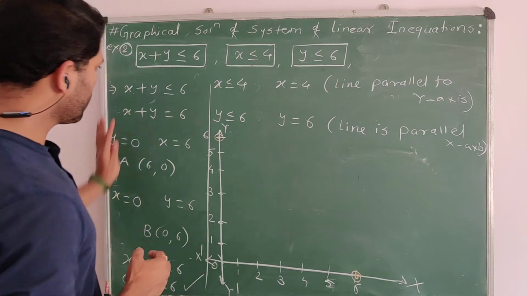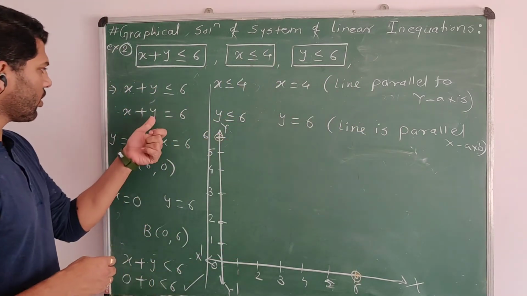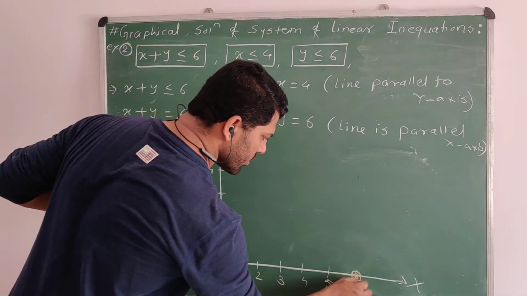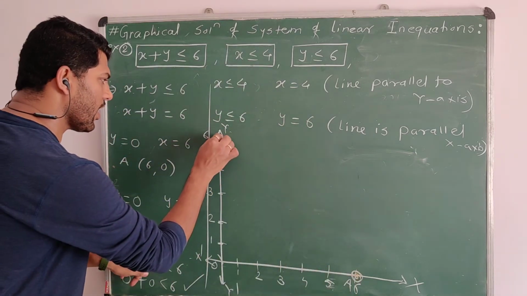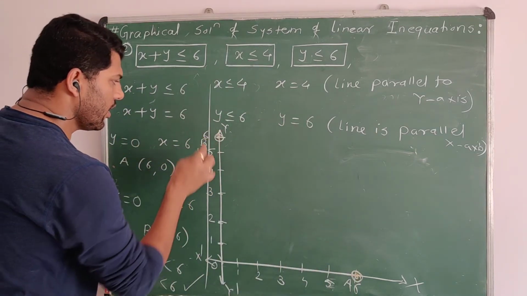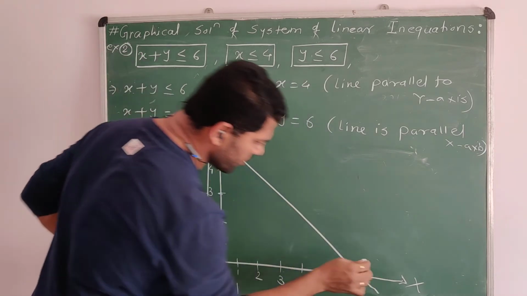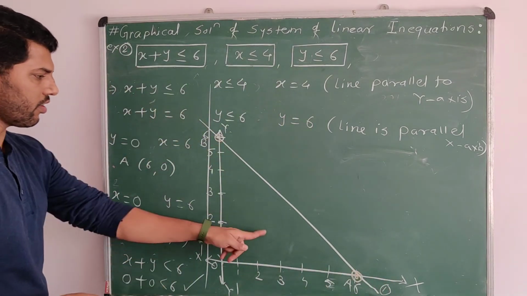Let's try to plot this entire thing on a graph. So now let's draw this line on the graph first. Point A is (6, 0) on the x-axis somewhere here. Point B is (0, 6) on the y-axis somewhere here. Let's draw a line passing through these two points. So this is the first line on the graph.